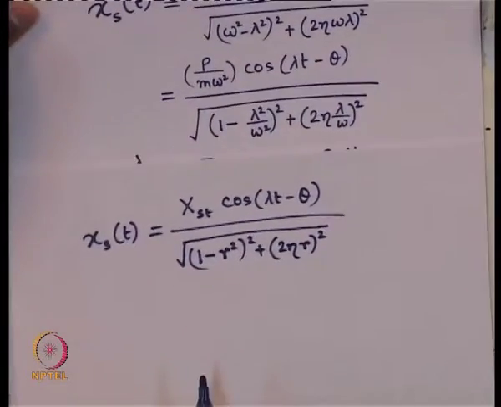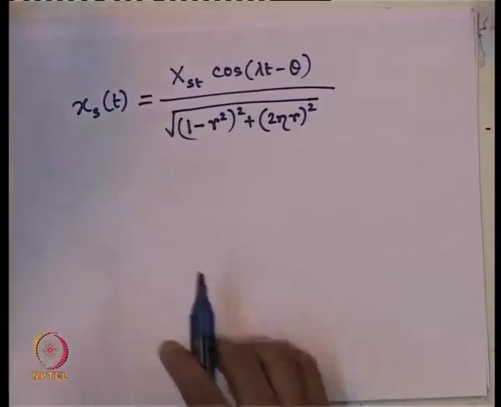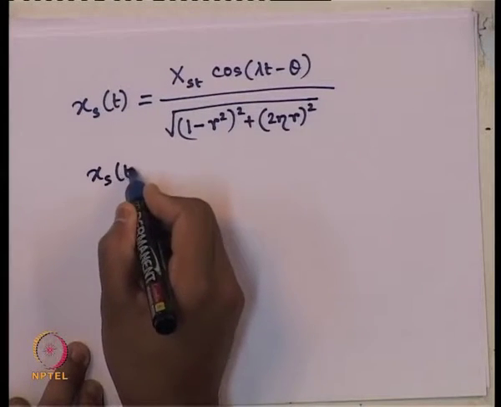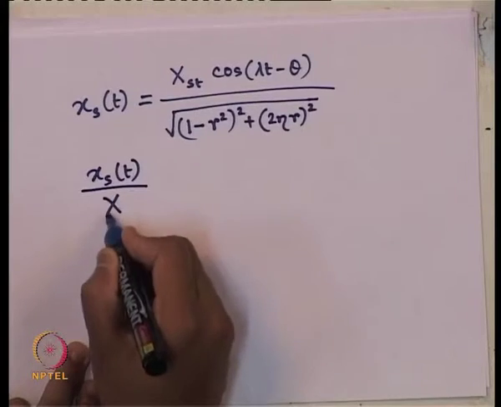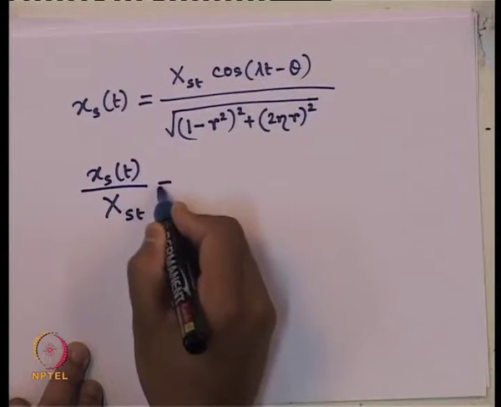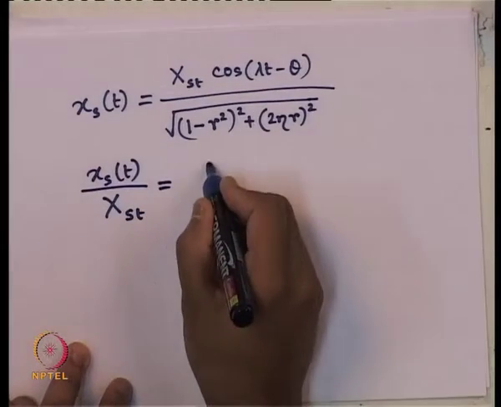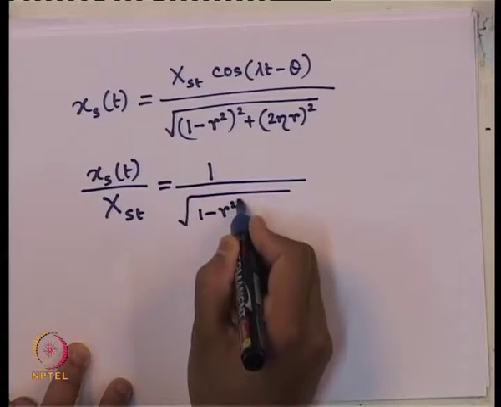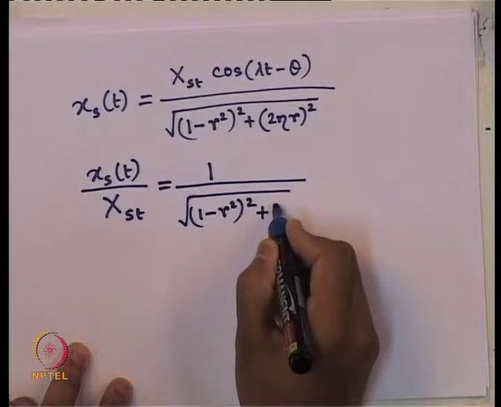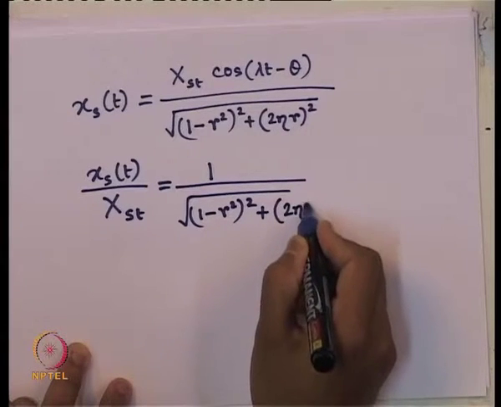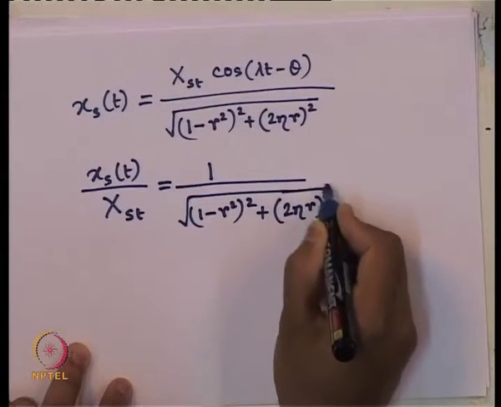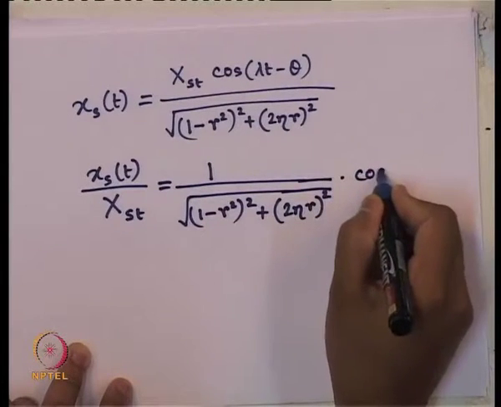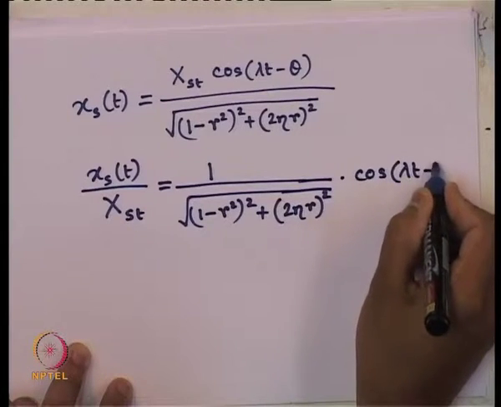So, we can simplify this expression again like this: the steady state displacement by the static displacement equals 1 by root over 1 minus r square whole square plus 2 eta r whole square times cosine of lambda t minus theta.